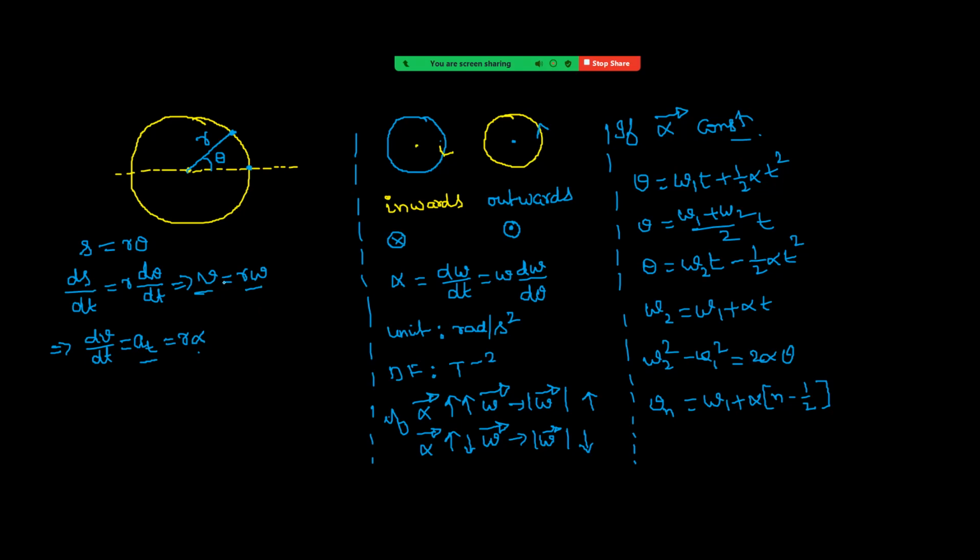If you want in vector form for v and omega, that can be taken as v bar equal to omega bar cross r bar. Even this is taken as definition of omega bar. So keep this point in mind, right?